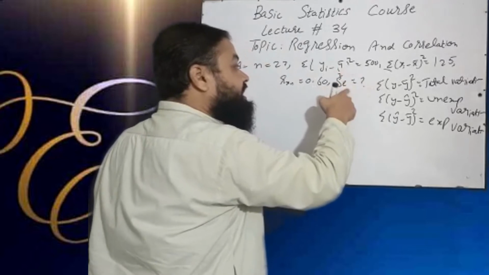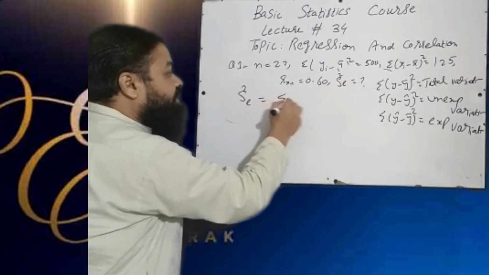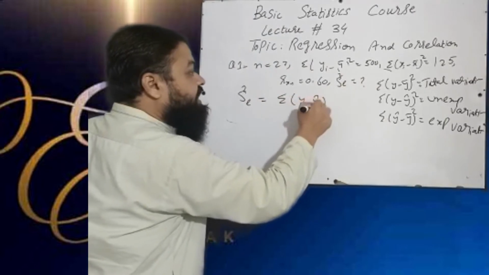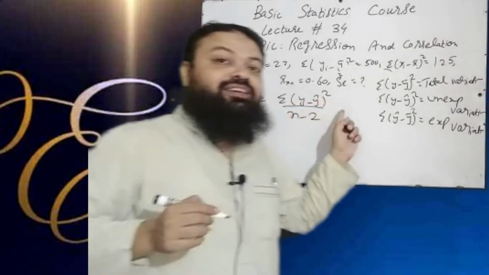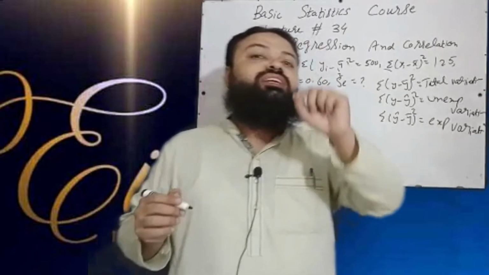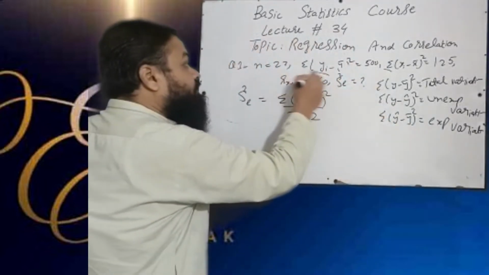It is our target, and we know the estimate of the error variance is always equal to summation y minus y cap whole square over n minus 2, the unexplained variation divided by n minus 2. We are to find it. What will we do? We will take the help of r.